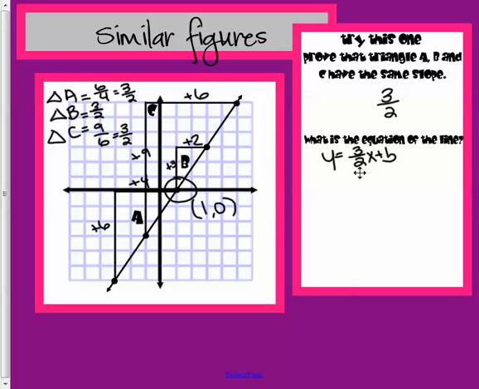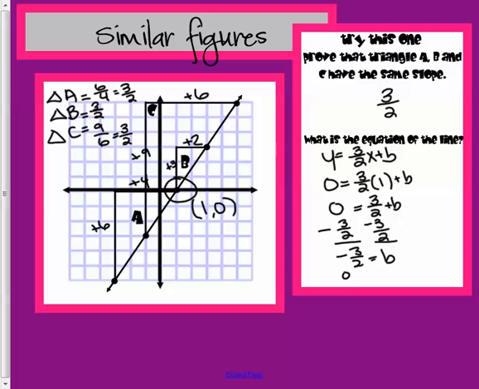So I'm going to plug in 3/2 times 1 plus my b, and that equals 0. So this is 3/2 plus b equals 0. Take the 3/2 away, and I'm left with b equaling -3/2 or -1.5. So the equation of the line is y equals 3/2 x minus 1.5.